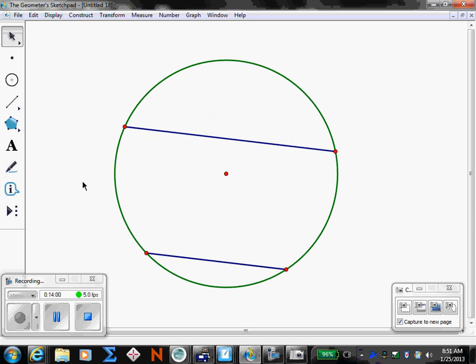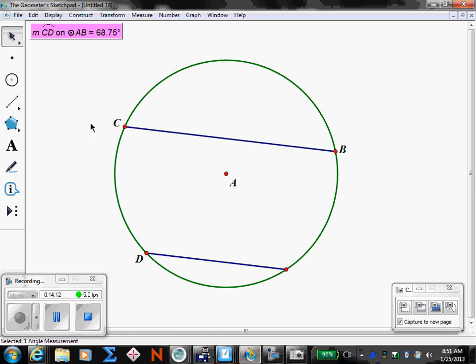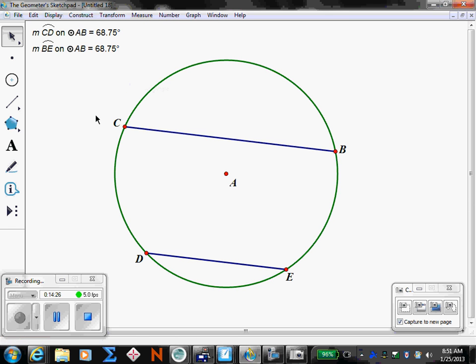Now what do the parallel lines do? So I am going to highlight the 2 points, highlight the circle, and I'm going to measure these arcs. So arc CD has a measure of 68.75 in my picture. Let's see what happens when I measure this arc on the other side. I also get 68.75.